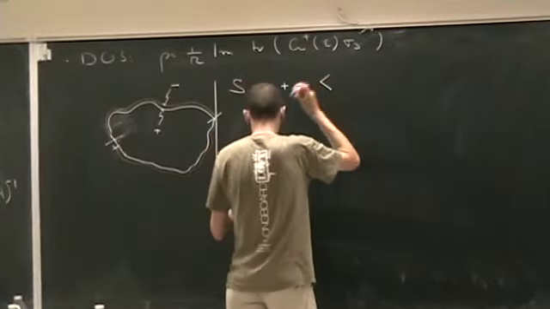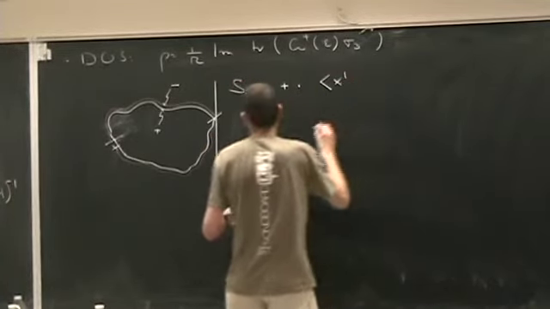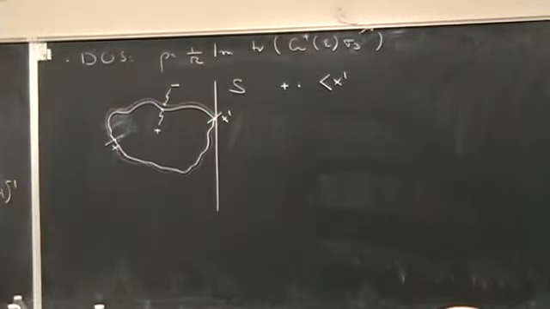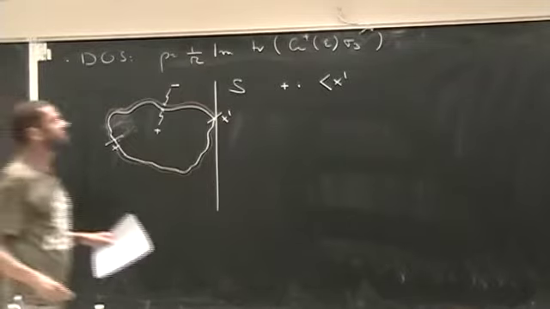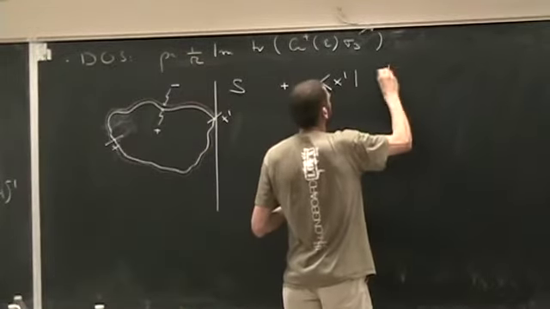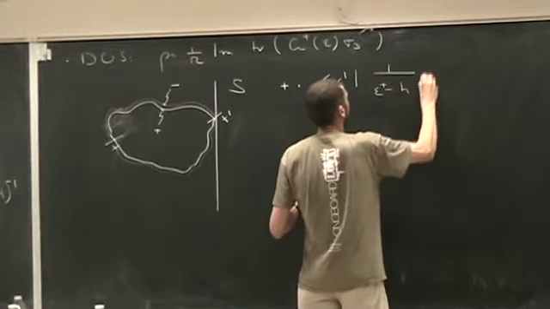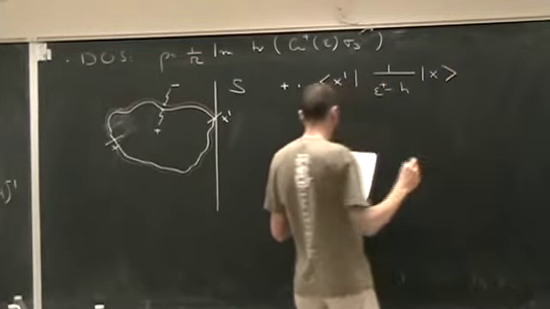Plus is the propagator to propagate to point x prime, in the particle sector of the Green function: x prime, 1 over epsilon plus minus h, x.